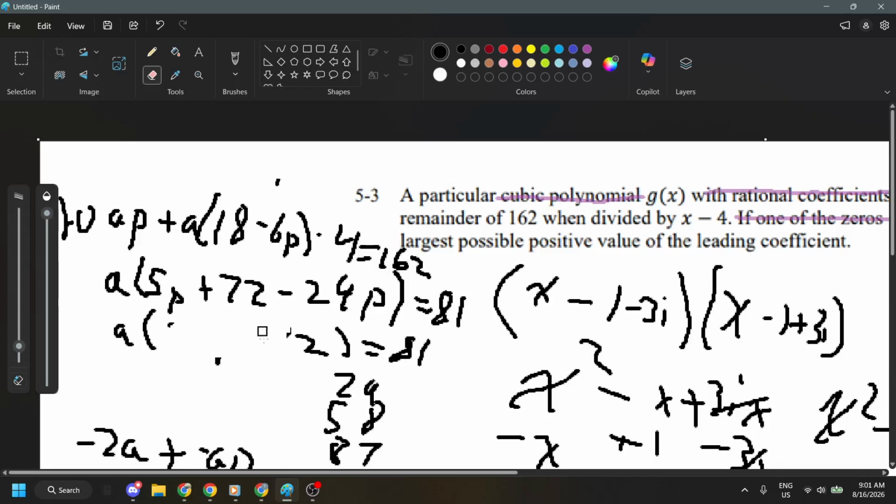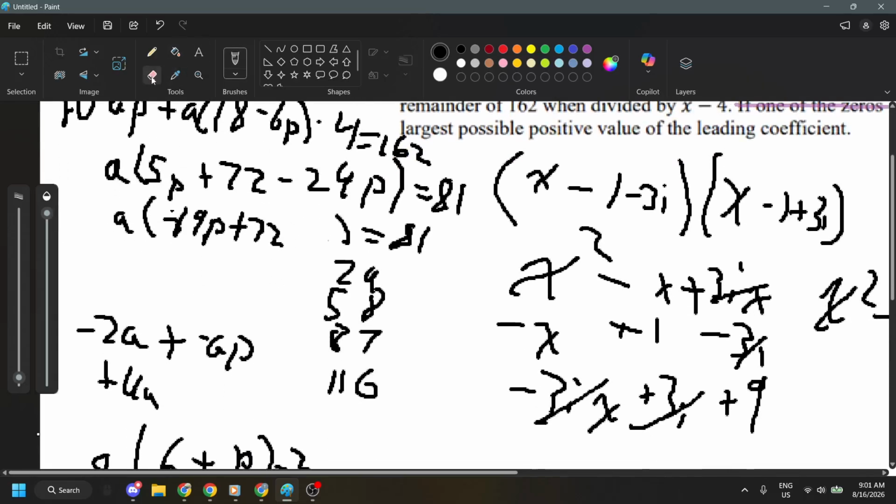So that reconfigures the whole thing. That makes this negative 19p plus 72. Okay. Or 72 minus 19p.